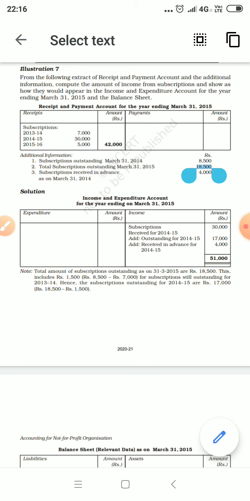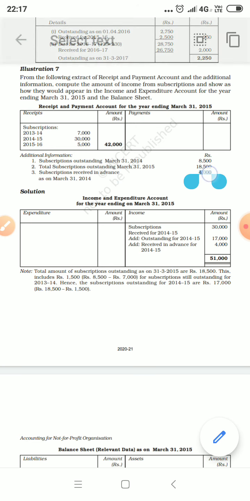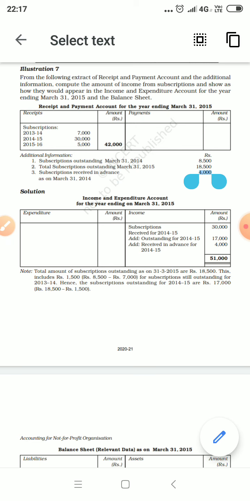I am stressing on the word on. Keep it in mind. Then subscription received in advance as on March 31st 2014, that is previous year, we received in advance 4,000, but it belongs to current year's income. Okay. Now proceeding to the sum.